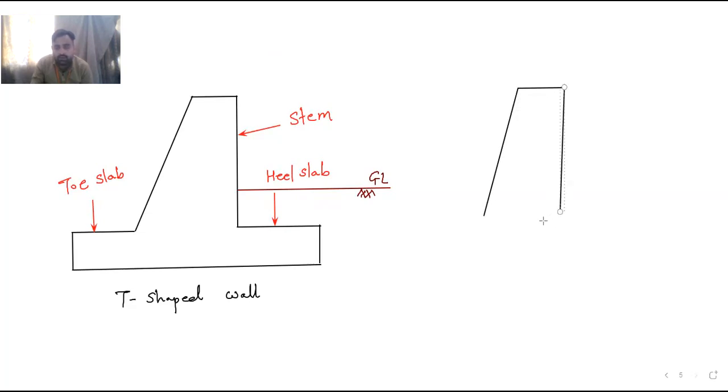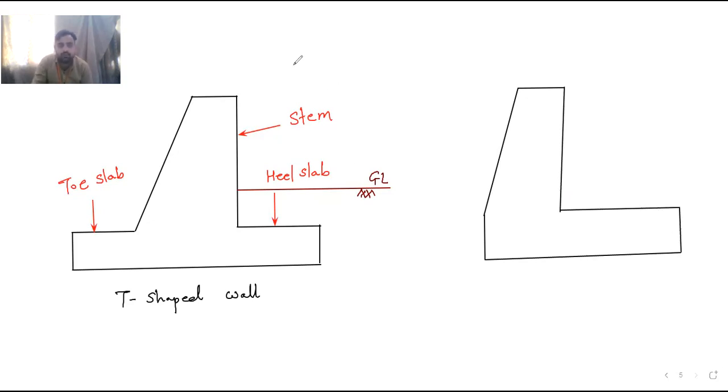Okay, and then from here directly the base slab is there in this way. This type of wall is called as L-shaped cantilever retaining wall.